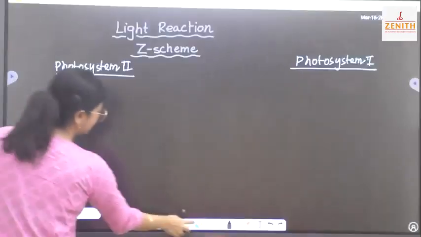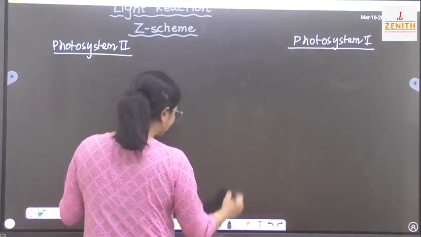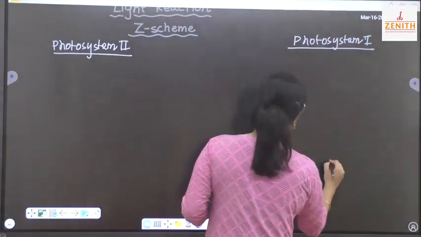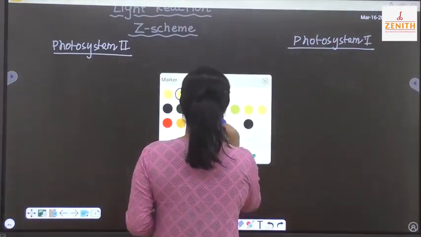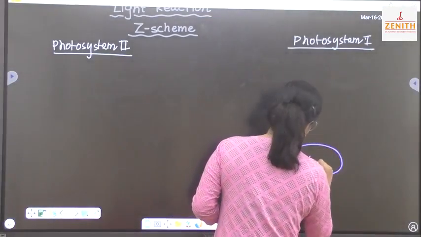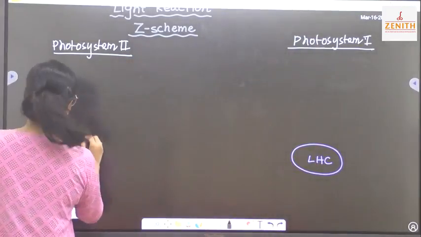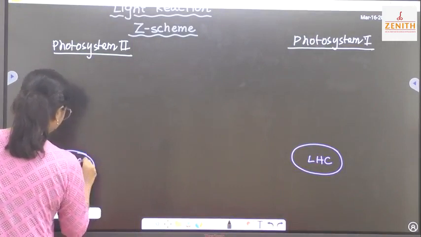In both of these photosystems, we know that the LHC, the light harvesting complex, is present. This photosystem 2 also has LHC, light harvesting complex.